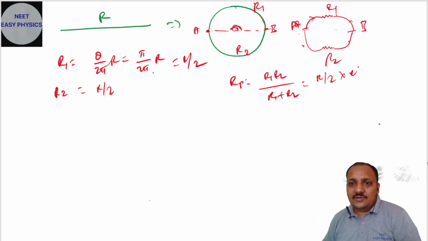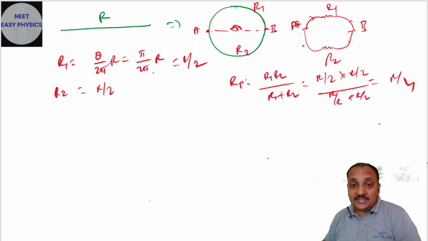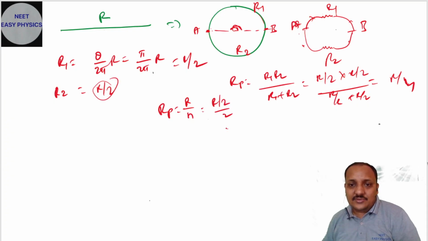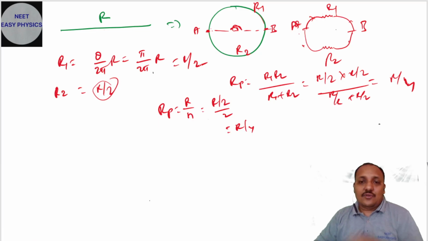So R by 2 into R by 2 by R by 2 plus R by 2. So you will get R by 4. Correct? Easily also you can do. Whenever n identical resistors are connected in parallel, effective resistance is R by n. Here two resistors are identical, therefore R by 2 by 2. The effective resistance is R by 4. Understood? Like this we can solve problems.